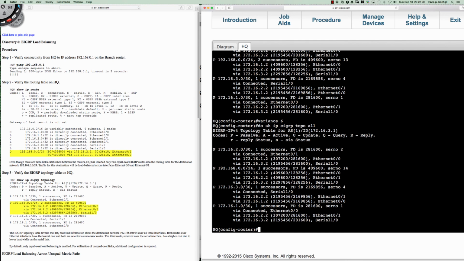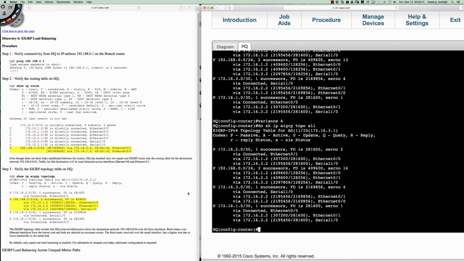So if I did the all-links option and we had a 4th route here that didn't show up when I wasn't using the all-links option, we could not use that route to load balance over, because it doesn't meet the feasibility condition, which means we can't guarantee a loop-free path.